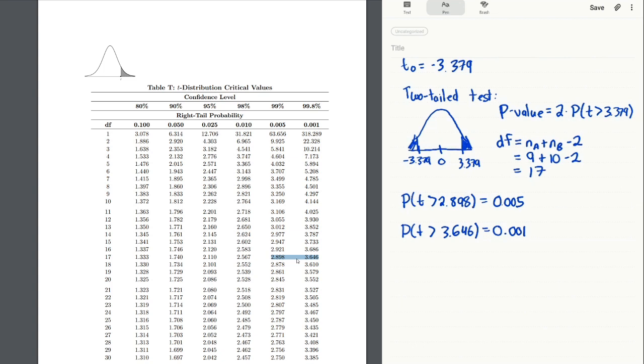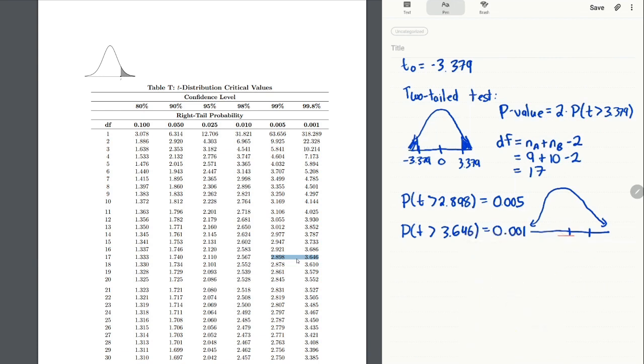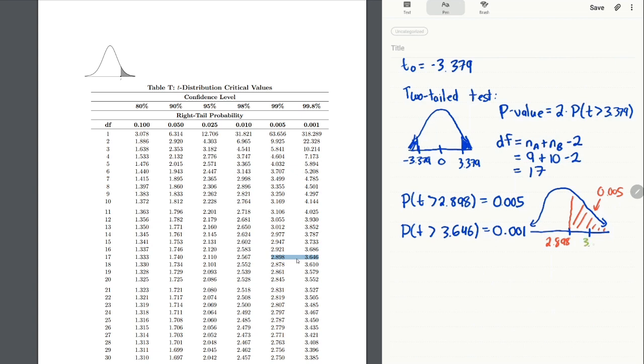Okay, so now if we wanted to draw these areas, the area to the right of 2.898 is equal to 0.005, and the area to the right of 3.646 has an area of 0.001.